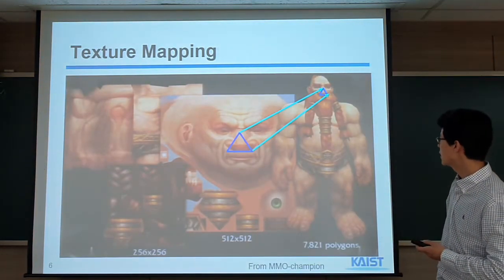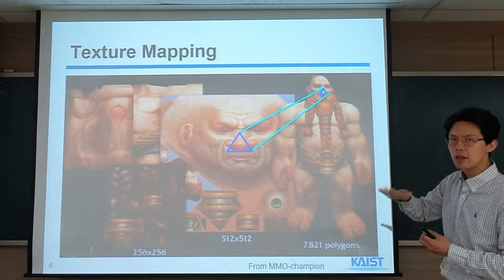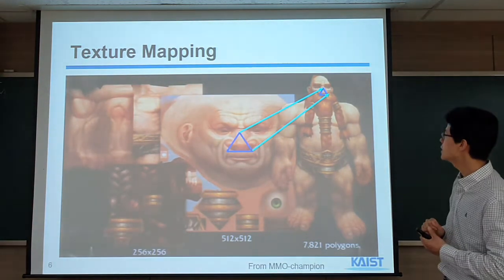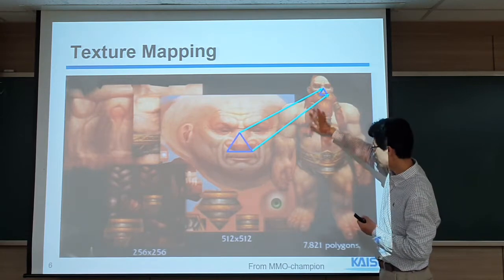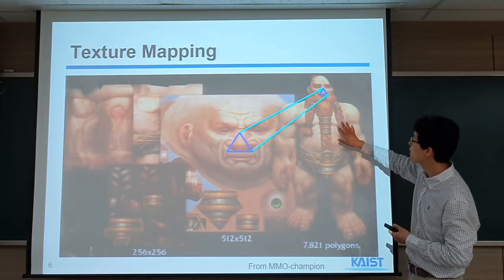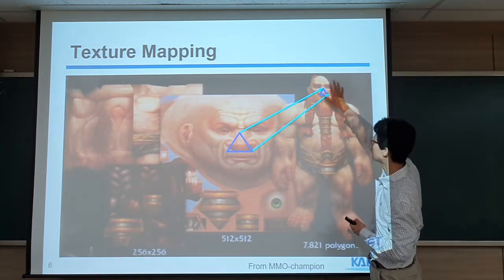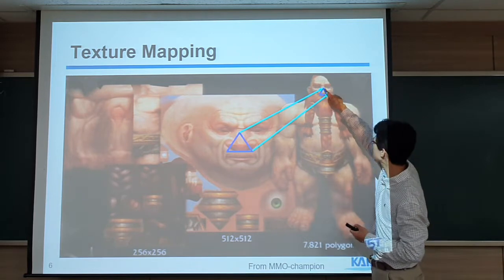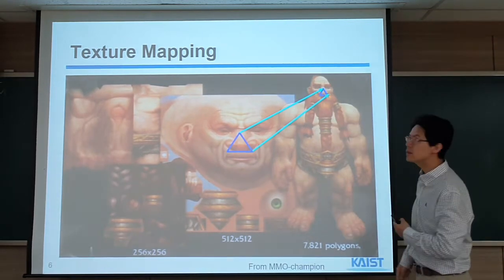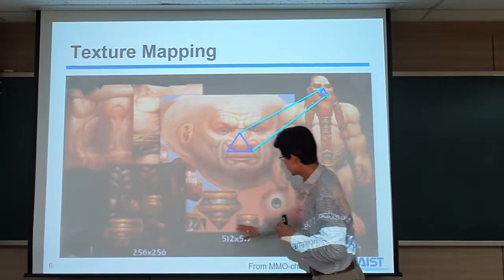Also, for example, I'm showing one level deeper into the details here. Suppose that we want to visualize and render this kind of virtual character, and this virtual character may consist of this kind of triangle. When you rasterize this triangle, we use the 2D map here, in other words this texture map.